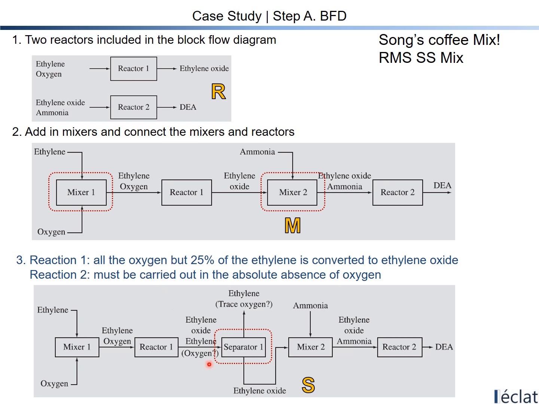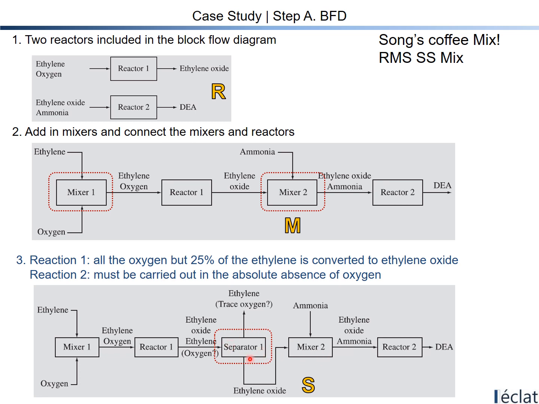So for calculation, you don't need to think about the existence of oxygen before the reactor 2. Anyway, you should consider the very tiny amount of oxygen would be there. Sometimes not. So I have placed the separator 1 before the mixer 2.